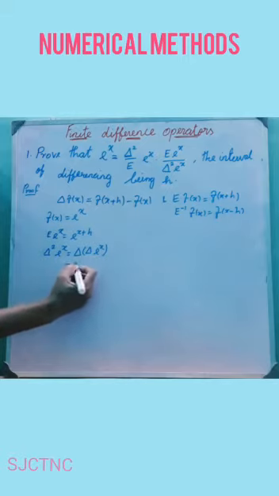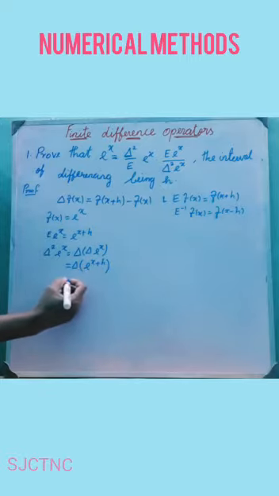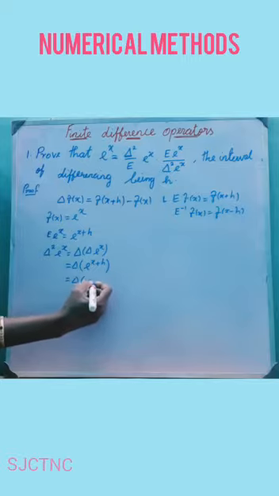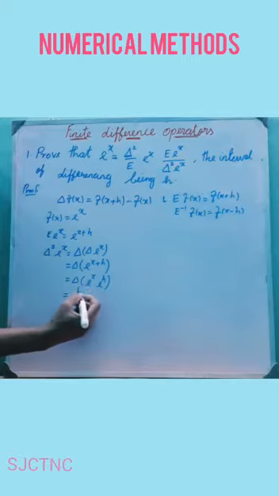First applying the forward differencing operator, we get e power x plus h. We can split the common base: e power x into e power h, and here e power h is a constant value, so take it outside the operator.